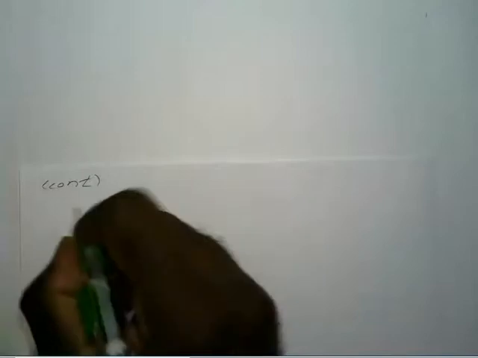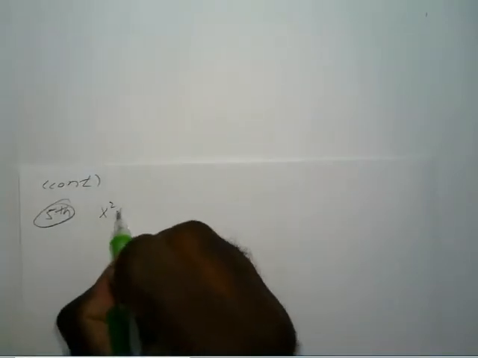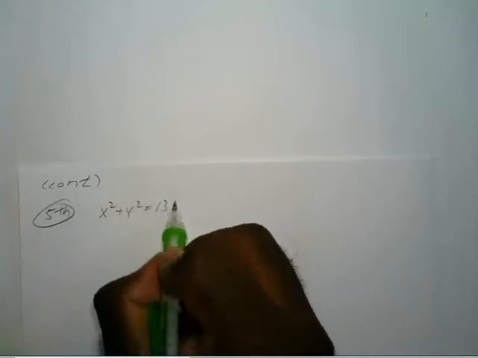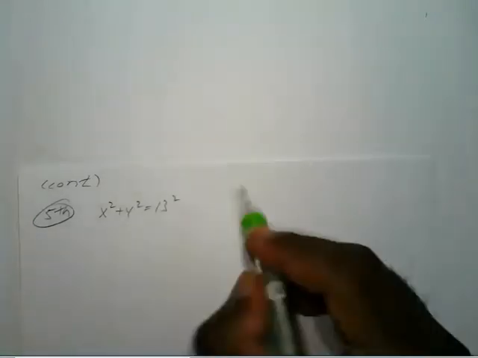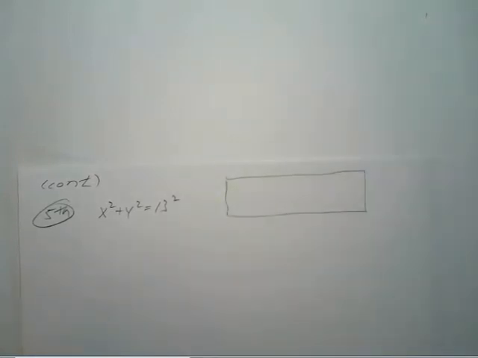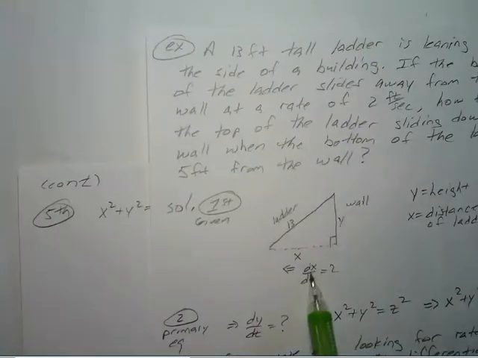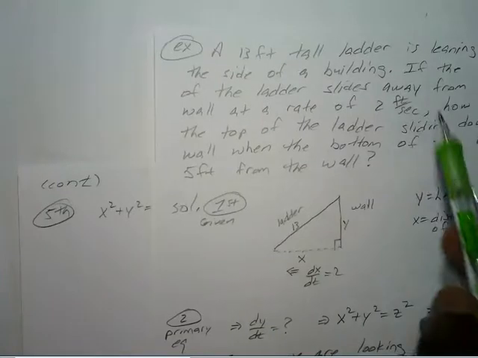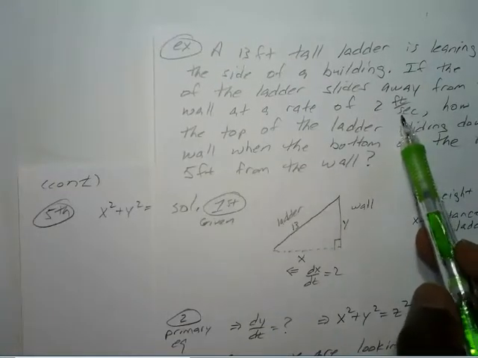Okay, so that's what we have. Might as well mark it as our 5th step: x squared plus y squared equals 13 squared. Okay, so we know that x and y are functions of time. The rate of change, remember from our previous page, is changing as feet per second, so it's a rate with respect to time.